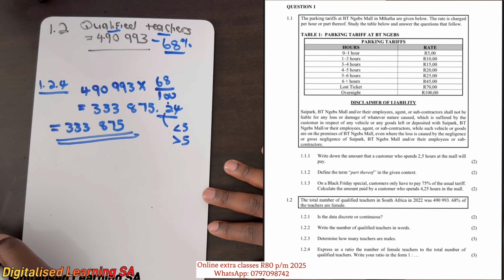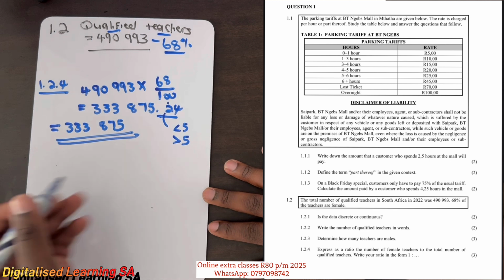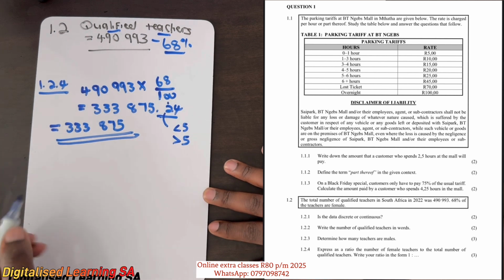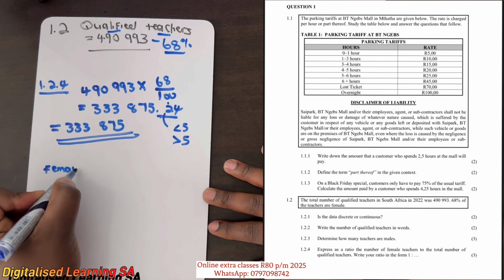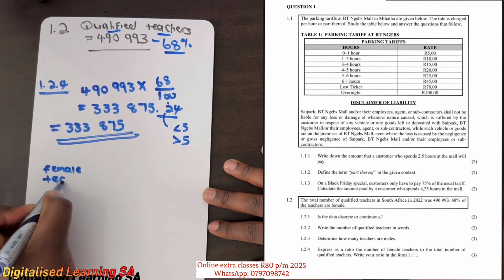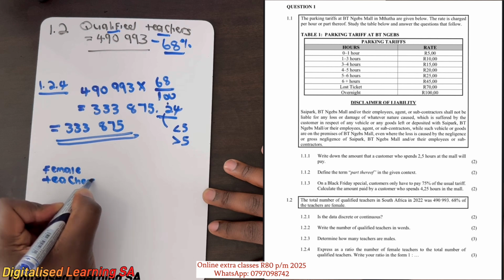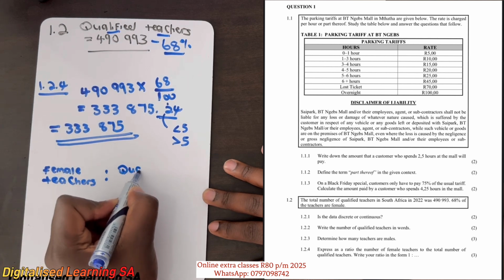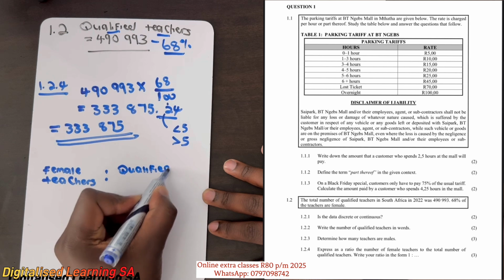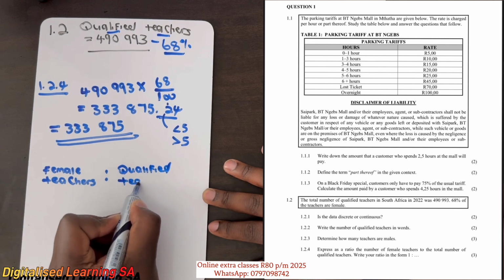Our question says: express as a ratio the number of female teachers to the total number of qualified teachers. What does that mean? That means that we need to write the number of our female teachers is to the number of qualified teachers.